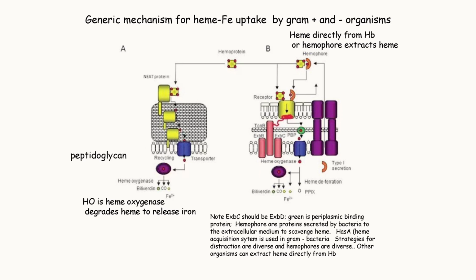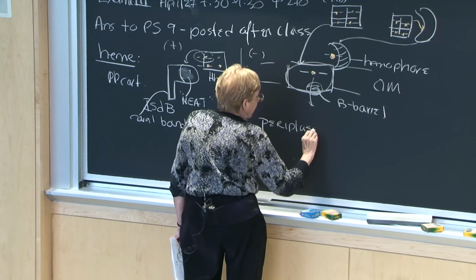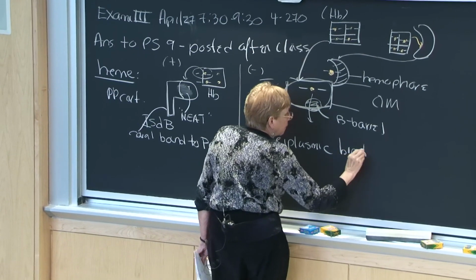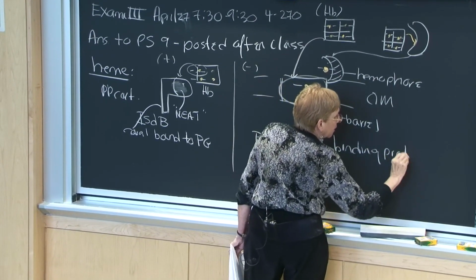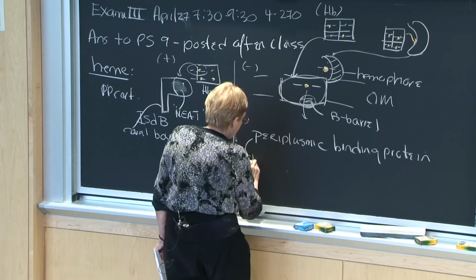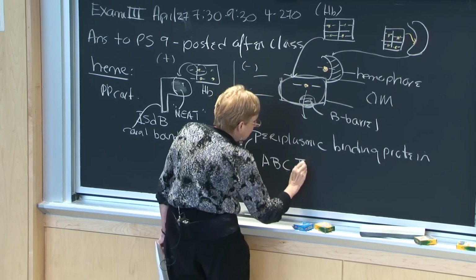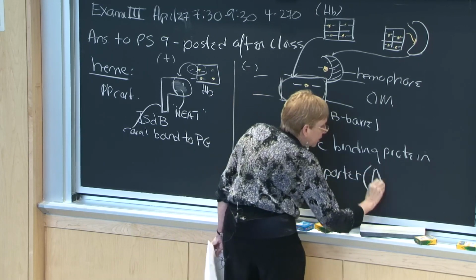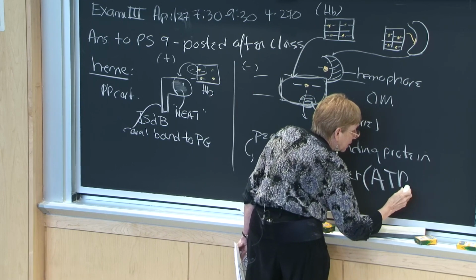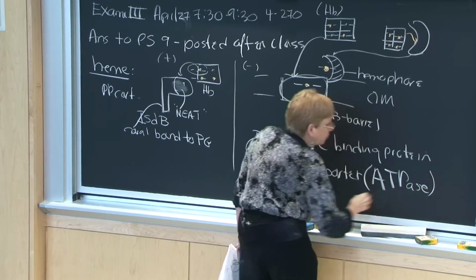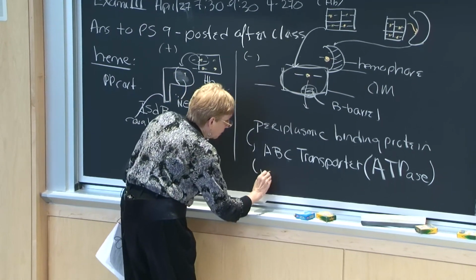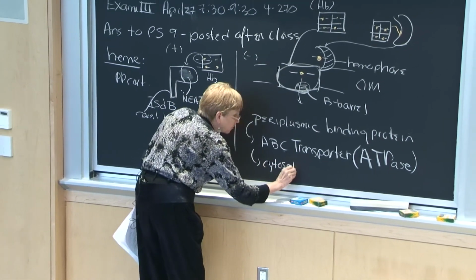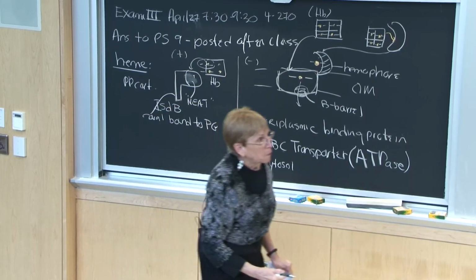Okay, so in this system, again, you have a periplasmic binding protein, and this goes to the ABC transporter, which uses ATP and the energy of hydrolysis of ATP to transfer this into the cytosol. Okay, so this is the same. That remains the same, and the transporters are distinct.